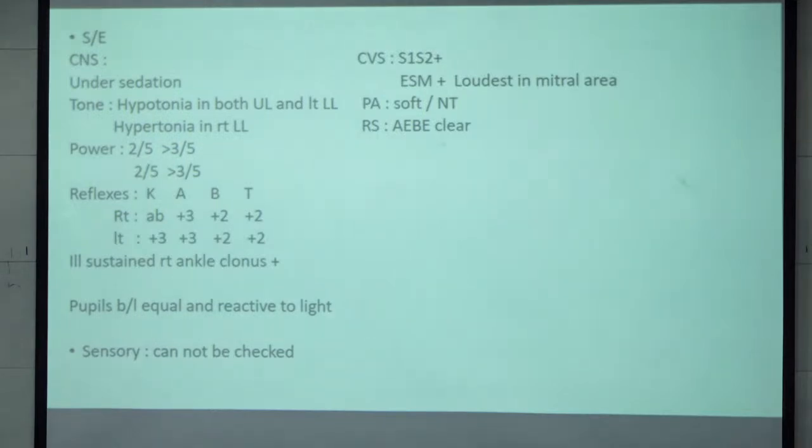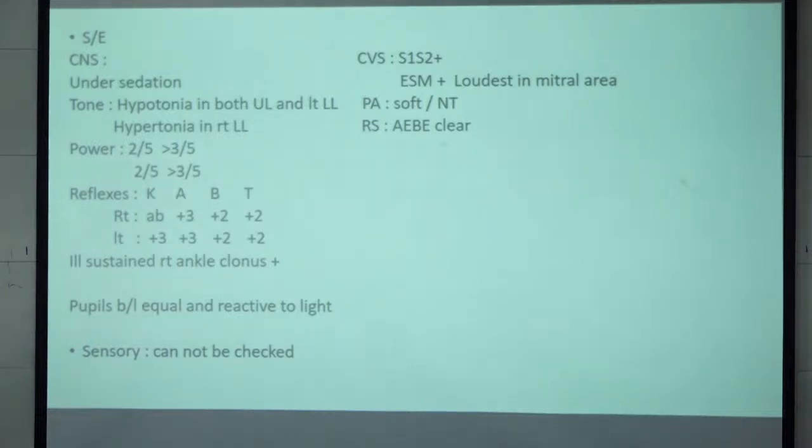Power in right upper limb and lower limb is 2/5, 2/5, and left upper limb, lower limb, it's more than 3/5. Reflexes: knee on right side is absent, left side it's +3. Ankle on right and left side is +3. Biceps and triceps are +2 in both upper limb and lower limb. There is ill-sustained right ankle clonus.